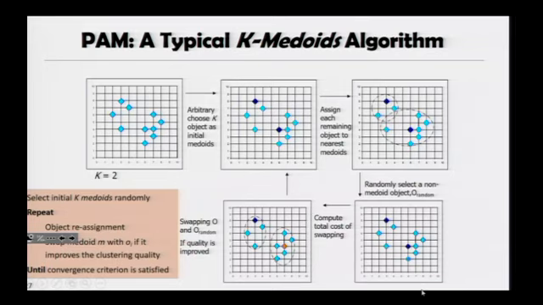And first, you randomly select 2 data points from this big picture, which is highlighted as the deep blue color nodes in the second picture. And then you try to assign the remaining data points to these 2 clusters. Basically, you try to compute the distance of those data points to the two medoids.